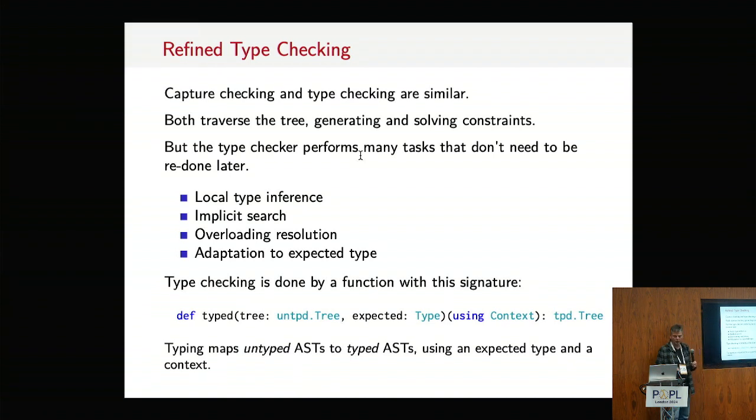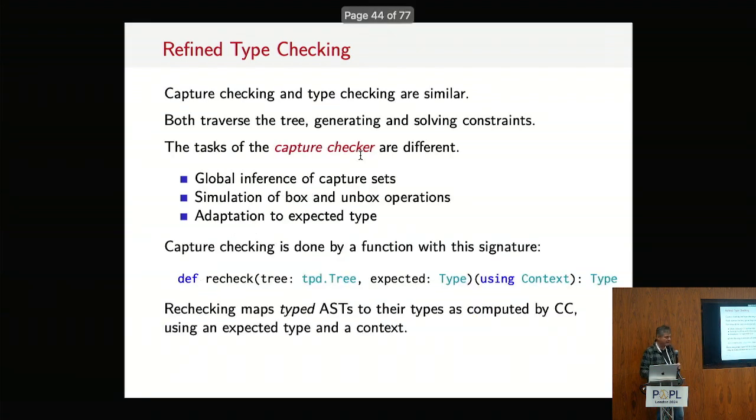That's what the front-end typer does. The capture checker is slightly different. It now takes a typed tree, that's the tree that was previously typed, an expected type as before, a context, and it just returns a type, because capture checking doesn't transform the trees. It's just a check. The trees remain the same. It doesn't have a runtime significance here.